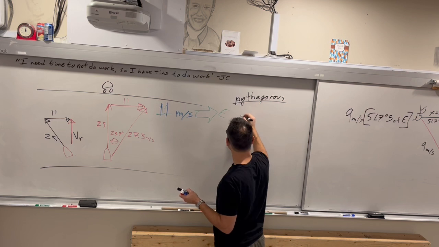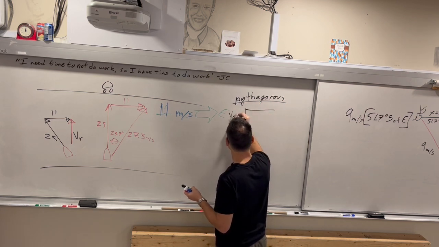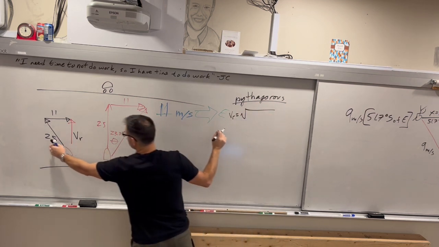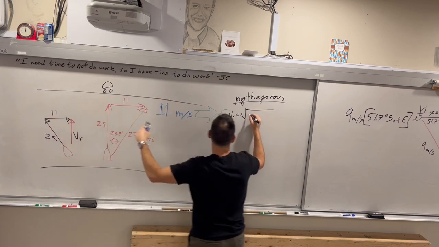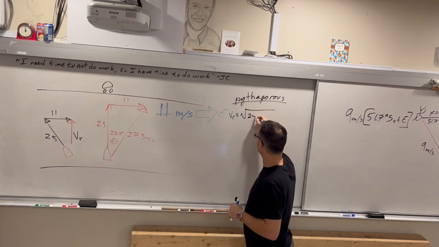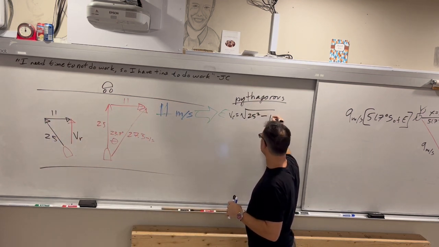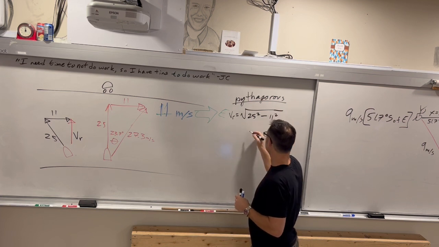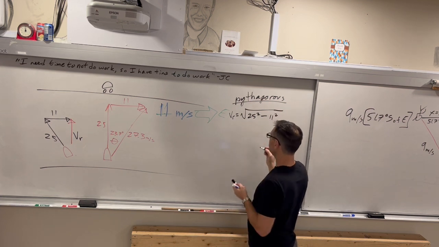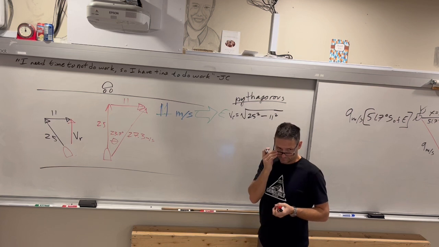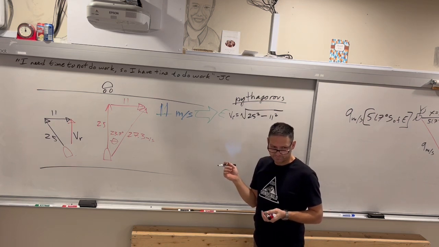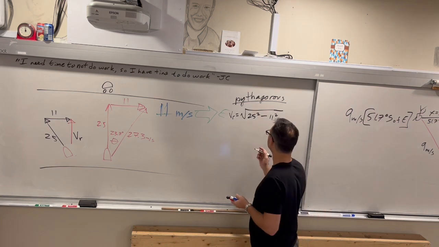So we're going to say VR is equal to this squared minus that squared. That squared minus 11 squared. So 25 squared is 625, right? 625 minus 121 is 504.